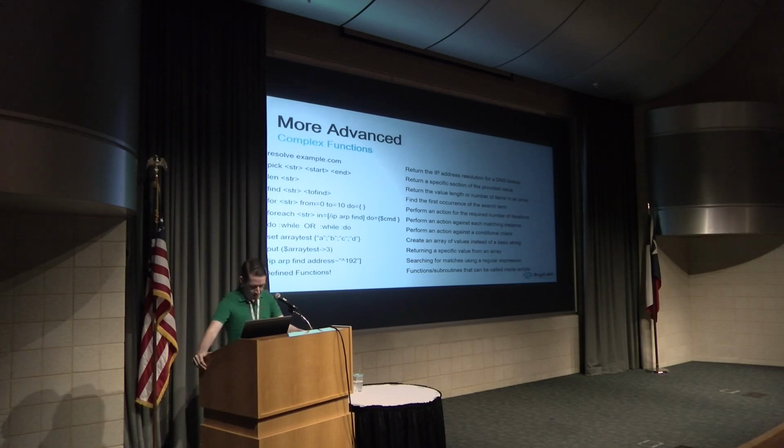So, the advanced functions. Using the resolve command will give you an IP address for a DNS lookup. You have to be careful using this one though, because if you're running a script with a resolve command inside of it and the lookup fails, it will halt the script there.